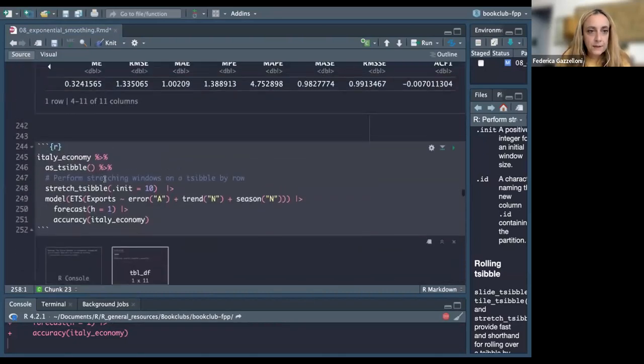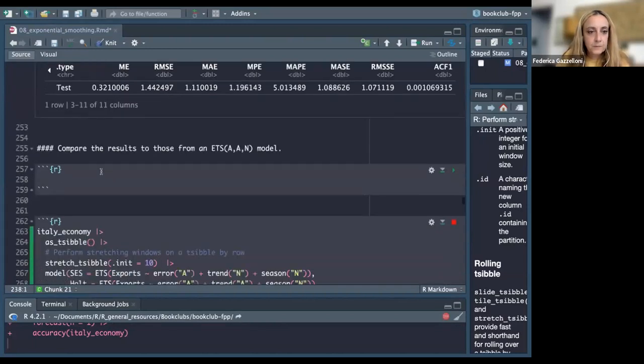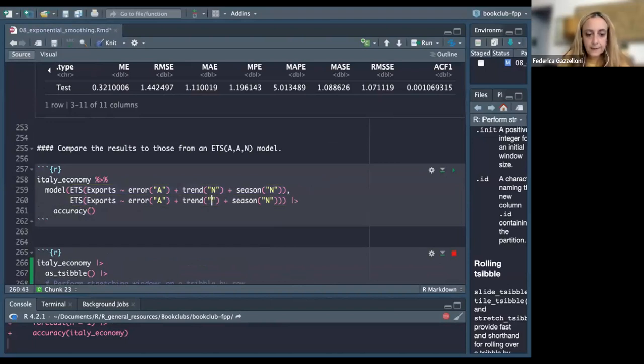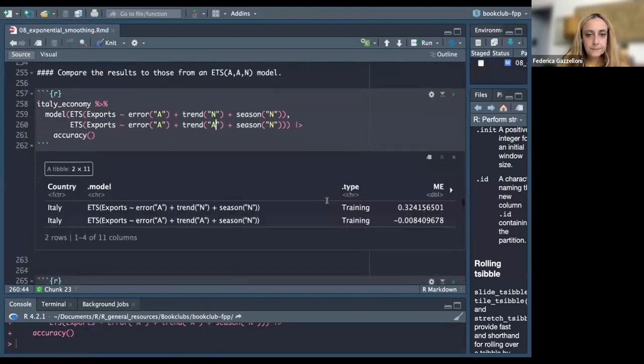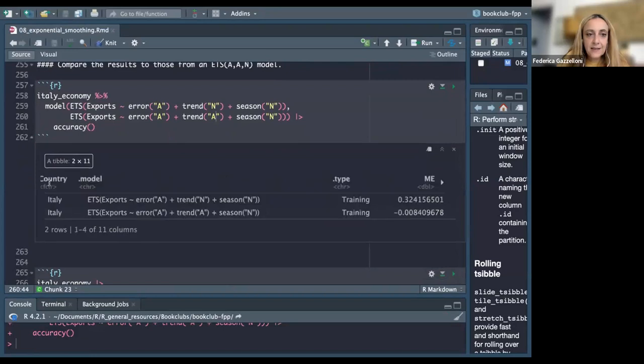So if I take this for the training set and add an A here. Okay, now I can compare the RMSE for the two types of models on the training.